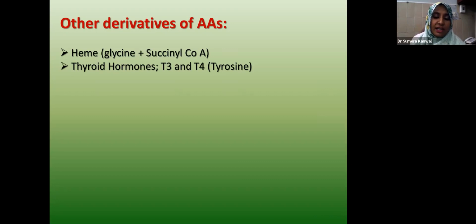Thyroid hormones T3 and T4 are also synthesized from the amino acid tyrosine. So tyrosine is the precursor for the synthesis of T3 and T4 thyroid hormones from the thyroid gland. Our thyroid glands contain a protein, globin.